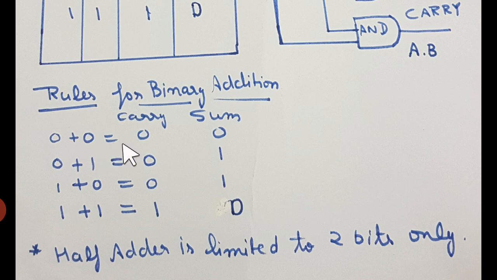Now we are getting back to the binary addition rules. Here 0 plus 0 produces 0 sum and 0 carry. 0 plus 1 produces 1 sum, 0 carry. 1 plus 0 produces 1 sum, 0 carry. Means either you have 0 and 1, or you have 1 plus 0, in both the cases you are going to have the same result: 1 sum, 0 carry.